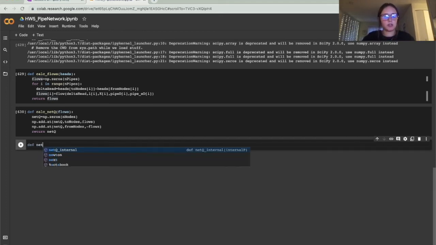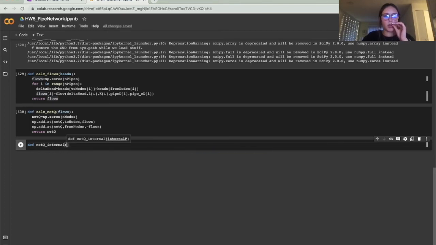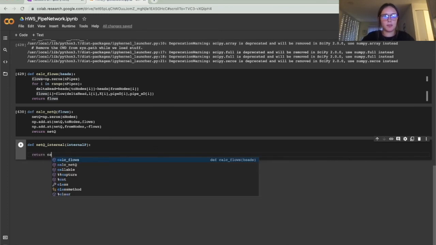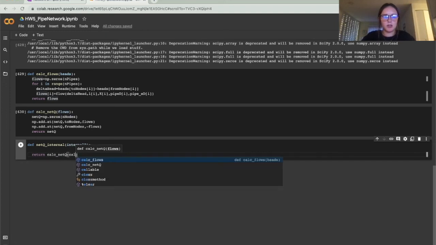It'll be net q of the internal, and that is going to have internal pressure right there. And what we want it to return is the calculated net flow depending on the flows we calculated before using the heads.